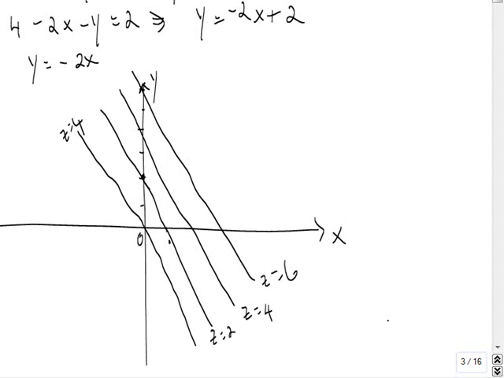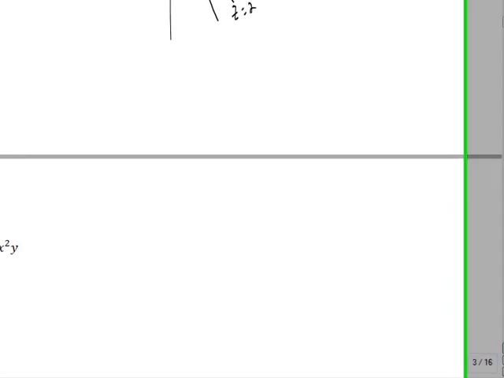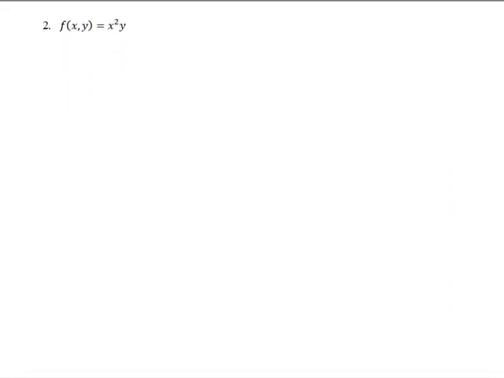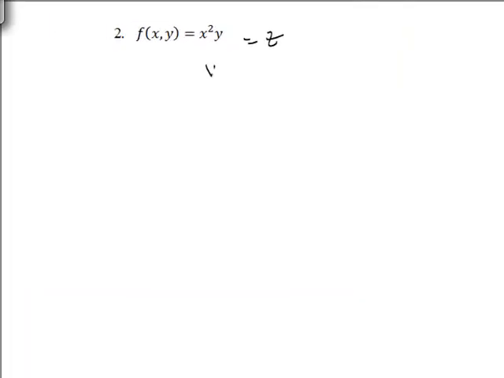Okay, let's do another one. So that's your Z here. So I'm going to write this as y equals z over x squared. It will be easier to look at.